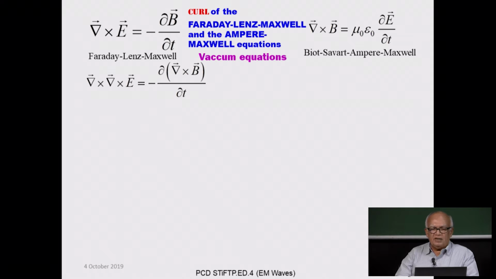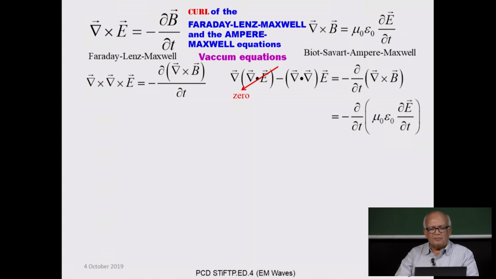So, on the right hand side you get the curl of B, okay, and the curl of E is given by these two terms on the left hand side, of which the divergence of E goes to 0 in vacuum. And now the curl of B, we know from the other equation from Maxwell, the Ampere-Maxwell equation, it is given by the time derivative of the electric field.